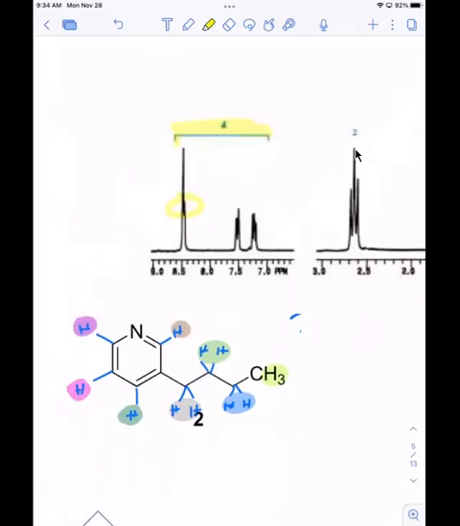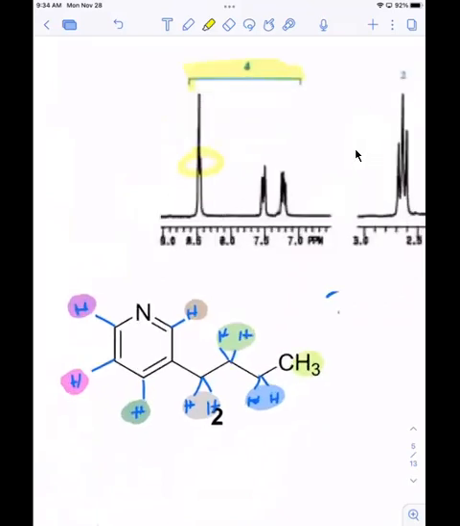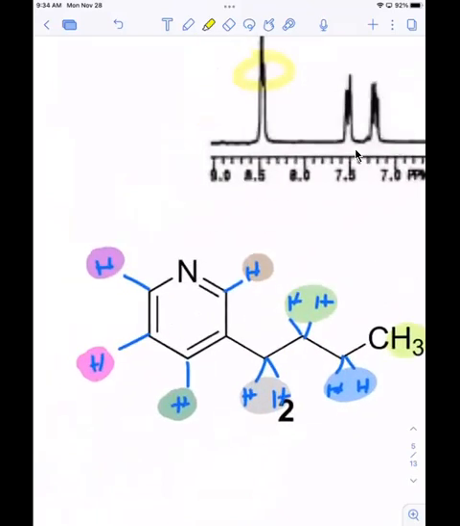Am I looking at the right thing? Okay. There are 4 protons on that ring. Do those two hydrogens not count? Which ones on the chain? I think the ones highlighted in gray, those 2.